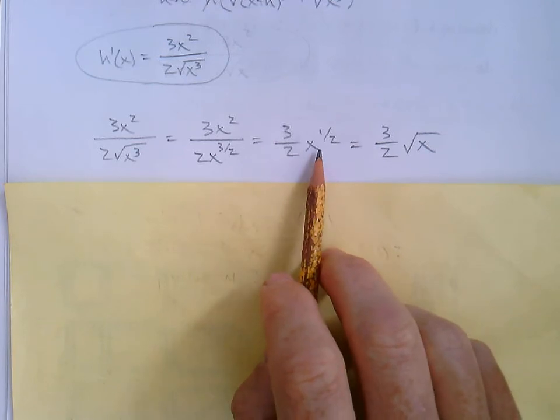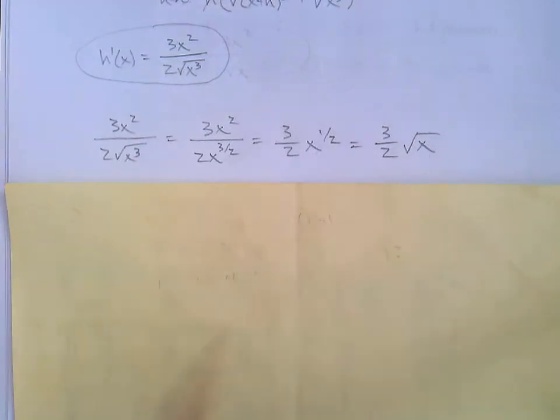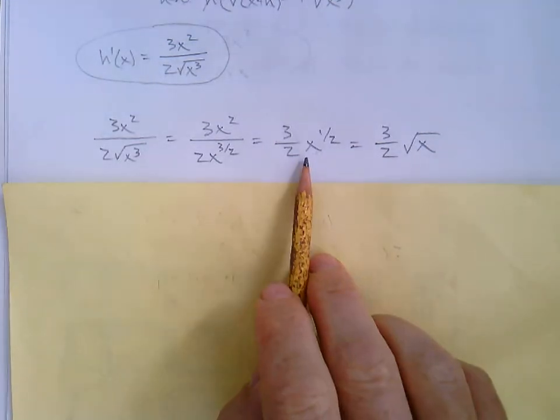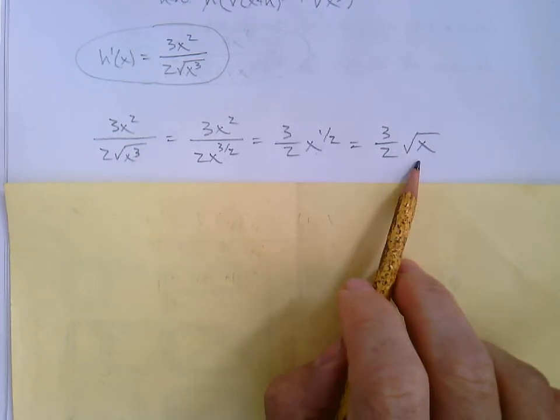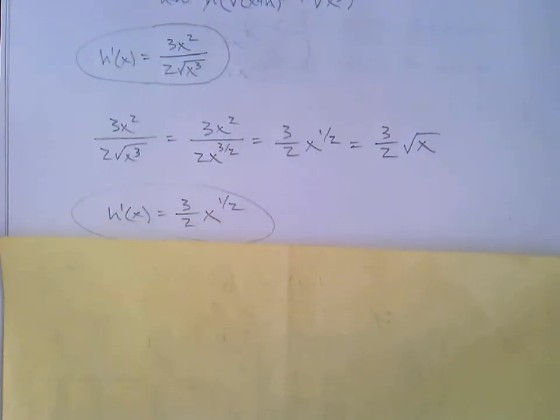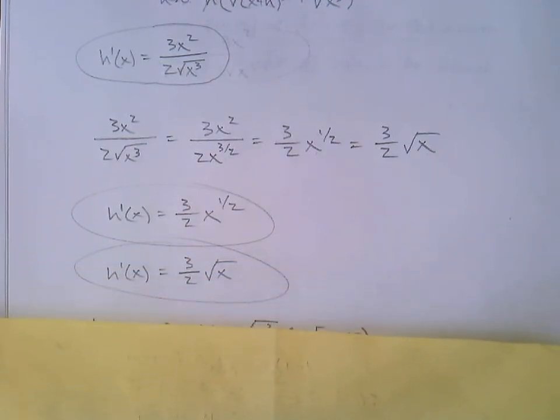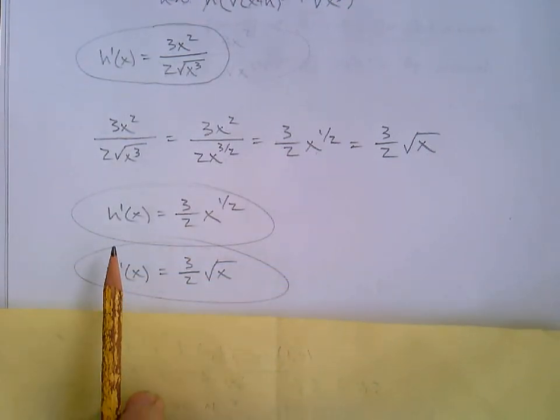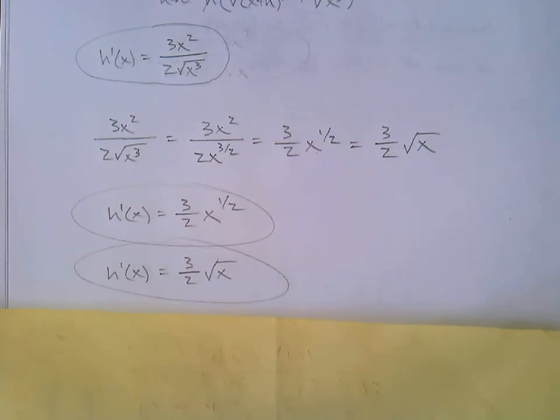And you may know that x to the 1/2 is the same as the square root of x. So actually either of these two would be very nice final answers as well, and a little bit simpler. H prime x equals 3 over 2 x to the 1/2, that works. Or h prime x equals 3 over 2 times the square root of x, simpler versions of that same derivative function.